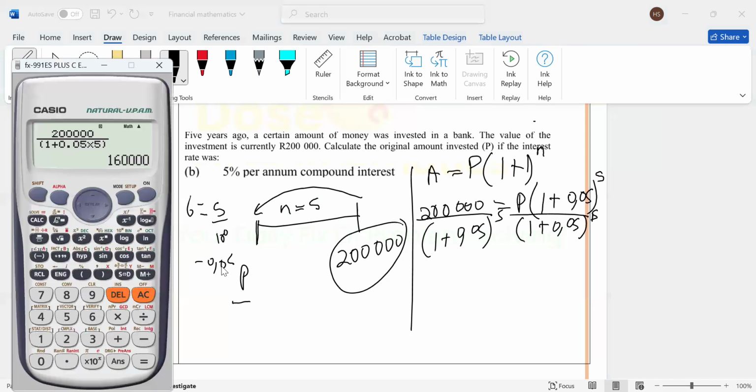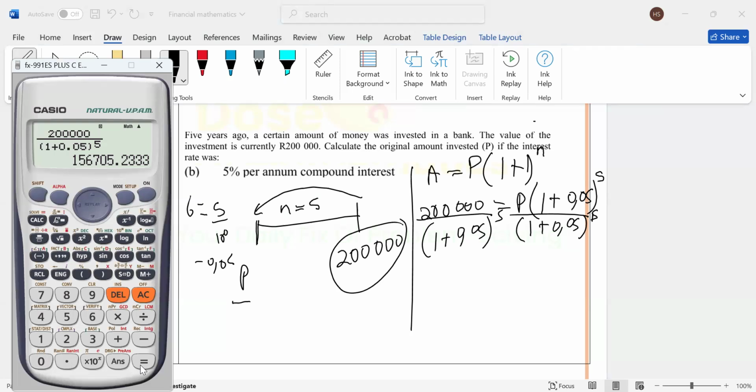And then how does this look? You put a fraction again. You say you have 200,000 all over 1 plus 0.05 to the power of 5. And then you say equals to, it gives you 156,000.